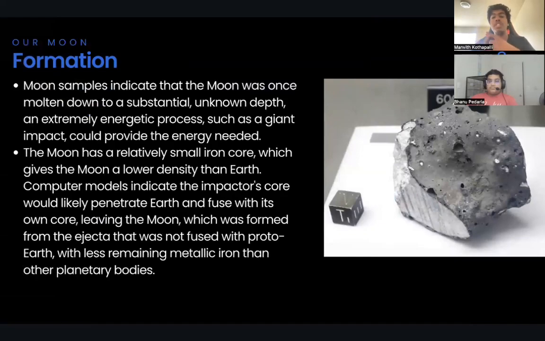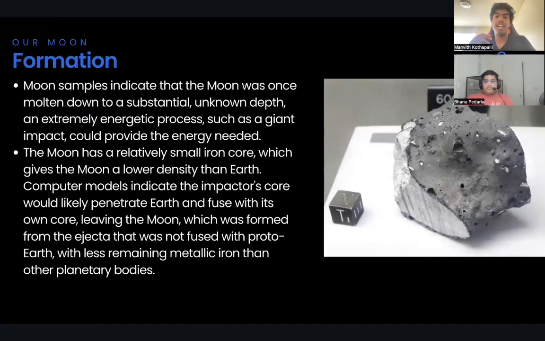Other evidence includes that the moon samples indicate that the moon was once molten down to a substantial but unknown depth. This might have required more energy than predicted to be available from the accretion of a body of the moon's size. An extremely energetic process, such as a giant impact, could provide this energy. The moon has a relatively small iron core, which gives the moon a lower density than Earth.